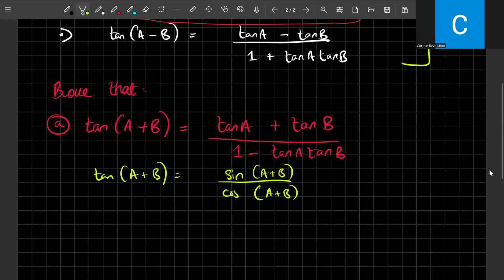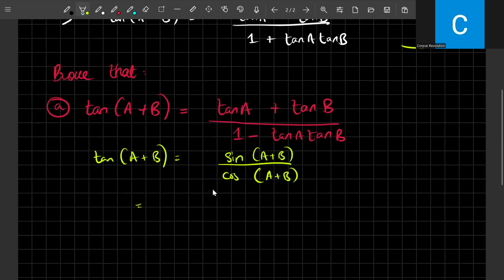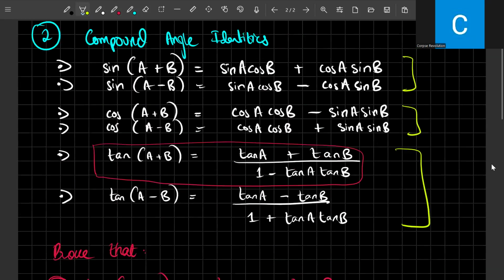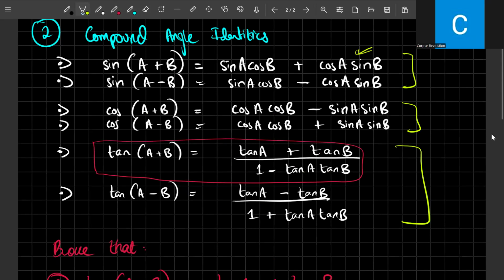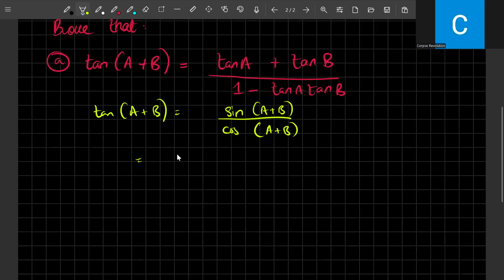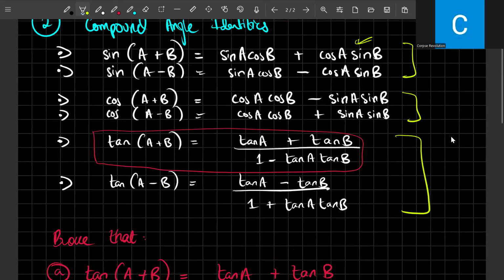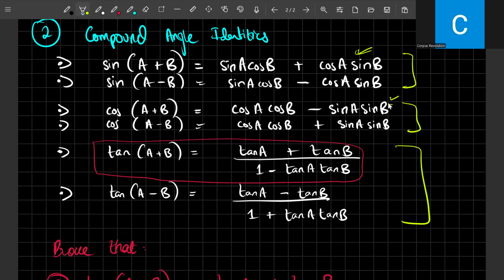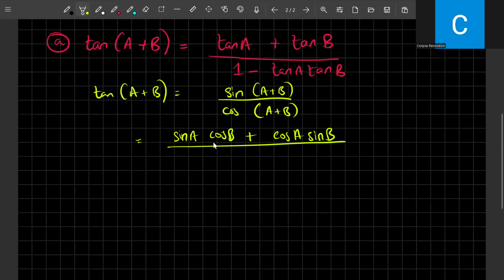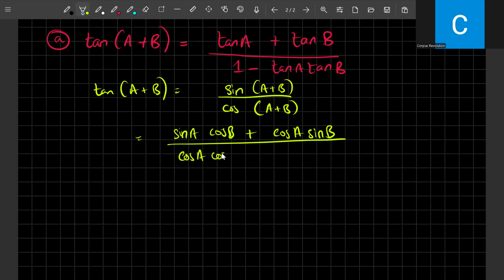And sine(A plus B), as we studied here, is sine A cos B plus cos A sine B. And cos(A plus B) is cos A cos B minus sine A sine B.